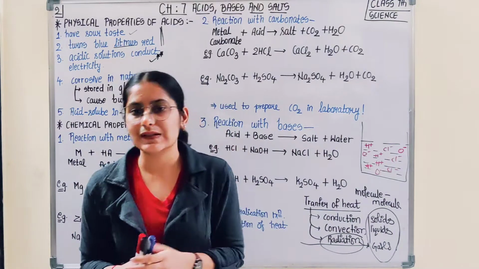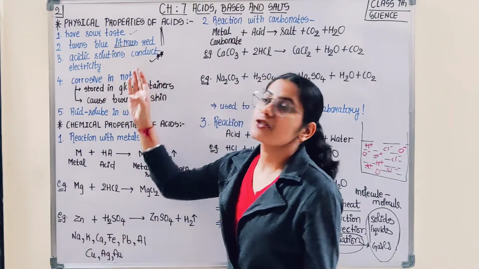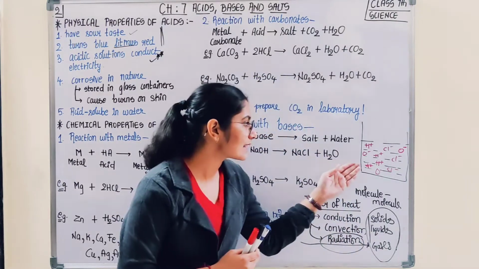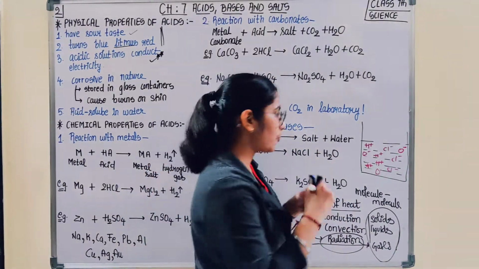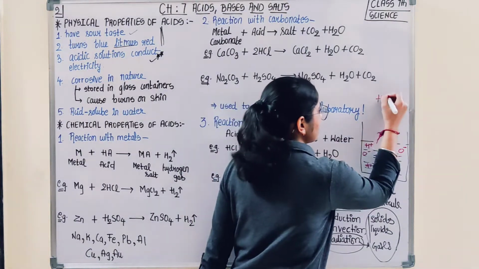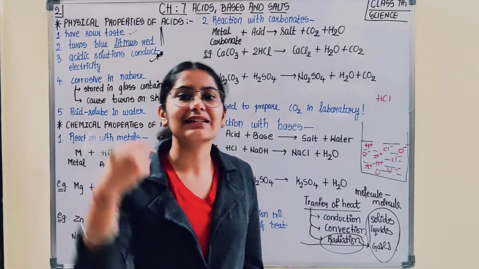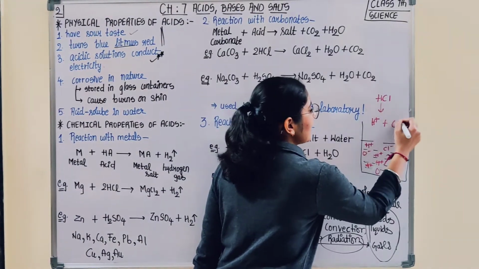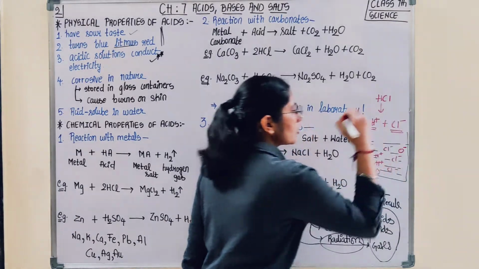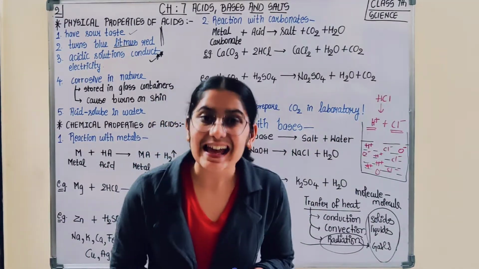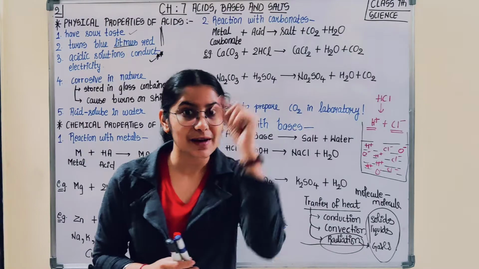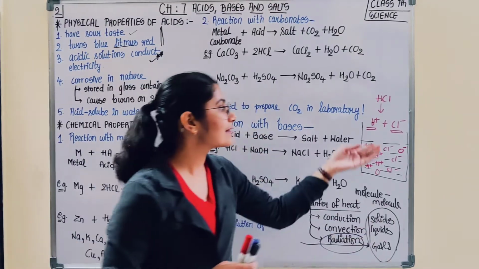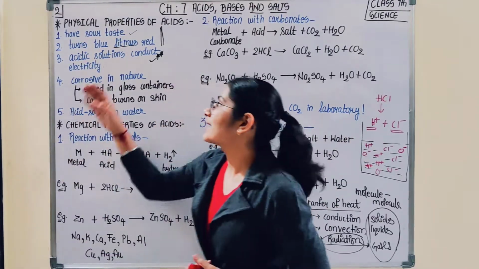The thing I want to say here is why an acidic solution is able to conduct electricity: because when I add acid to the water, it dissociates. Suppose I added acid as HCl, as soon as HCl dissolves in water, it converts into H plus and Cl minus, and these atoms, or you know, the ions, that means an atom having charge is known as an ion, and this ion is responsible for conducting electricity.